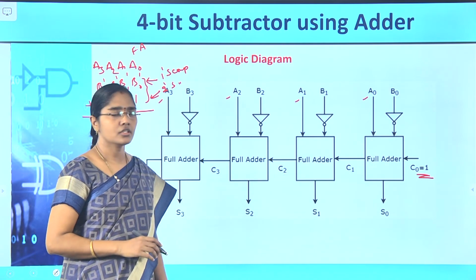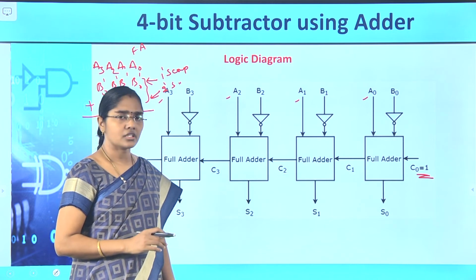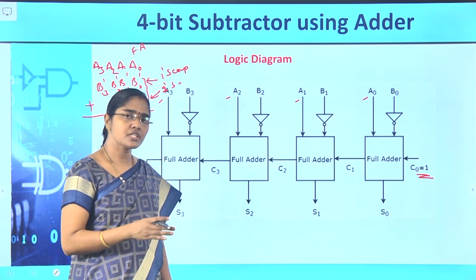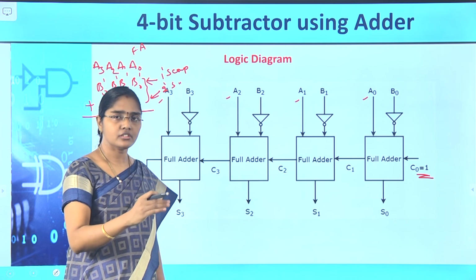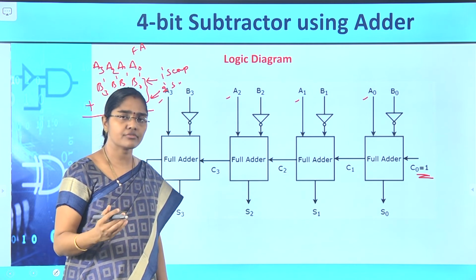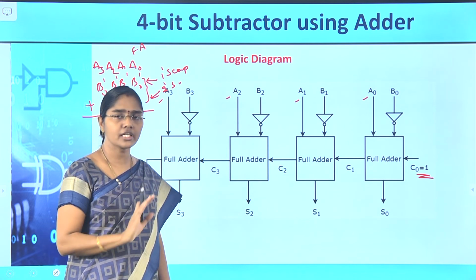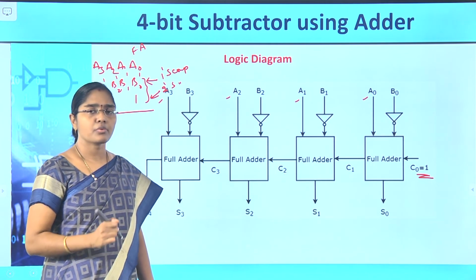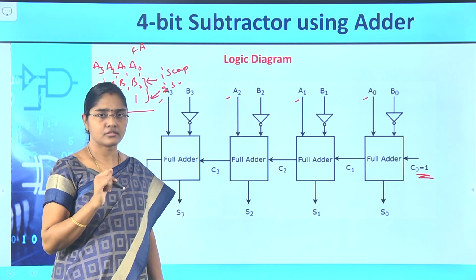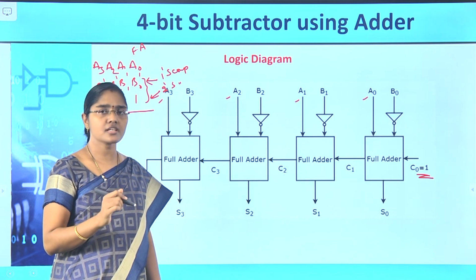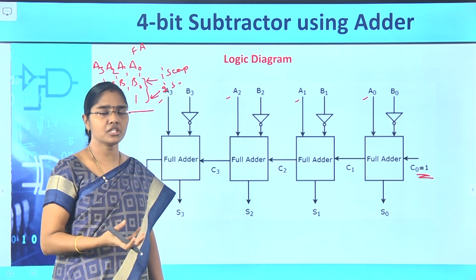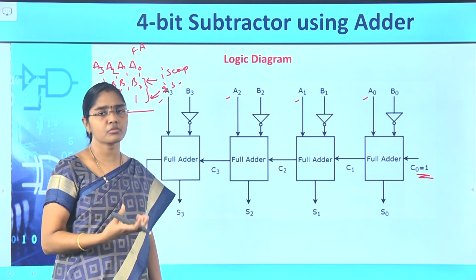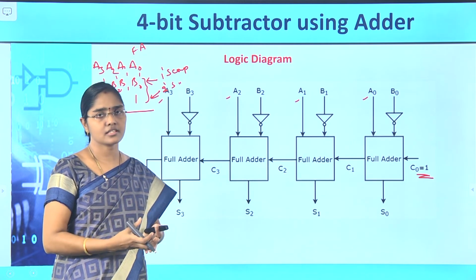Now, using one RCA for addition and another ripple carry adder for subtraction is not advisable in our processor architectures, because processors are designed with less area. It means the same hardware has to perform more operations with less hardware.